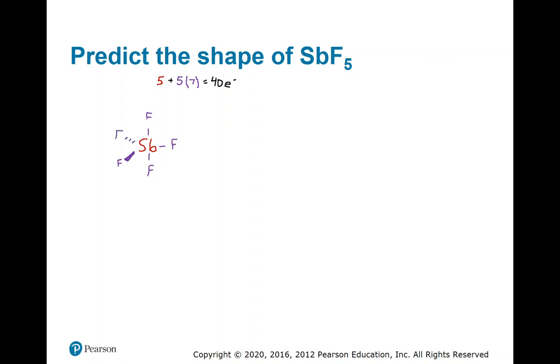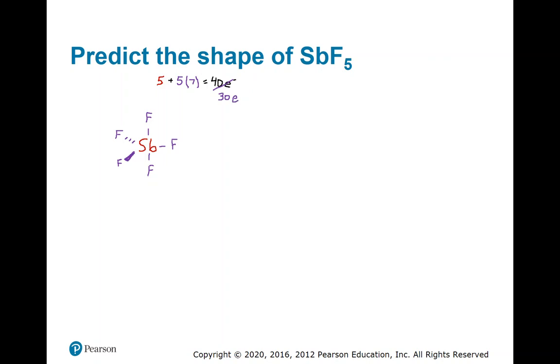You can see the wedge and dash bonds indicating one of these fluorine atoms is coming out of the screen, the other is pointing behind the screen. That used up 5 bonding pairs for those 5 single bonds. So at this point we have 40 minus 5 times 2, which is 10, so 30 electrons remaining.